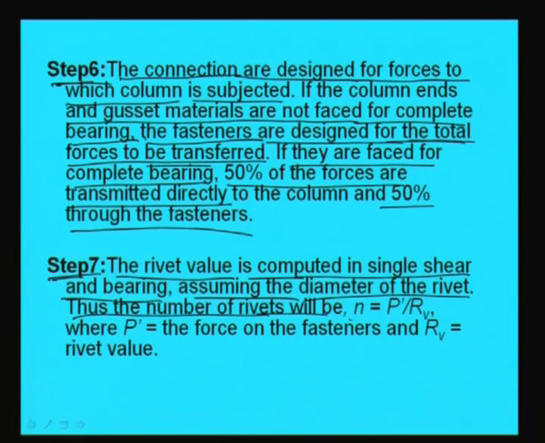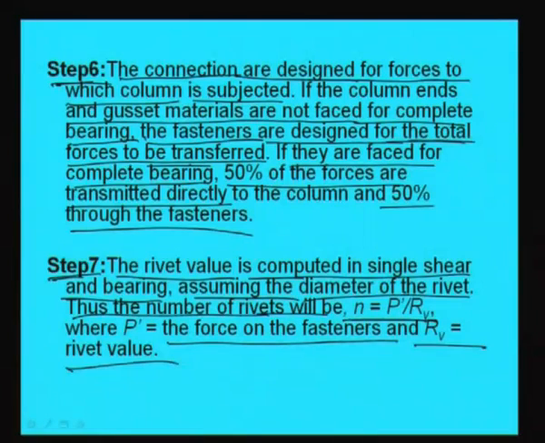The number of rivets will be N is equal to P dash by RV, where P dash is the force on the fasteners and RV is the rivet value. Whether it is 50% or full depends on how it is faced, how it is assumed for designing. So, in this way we can compute the number of rivets.